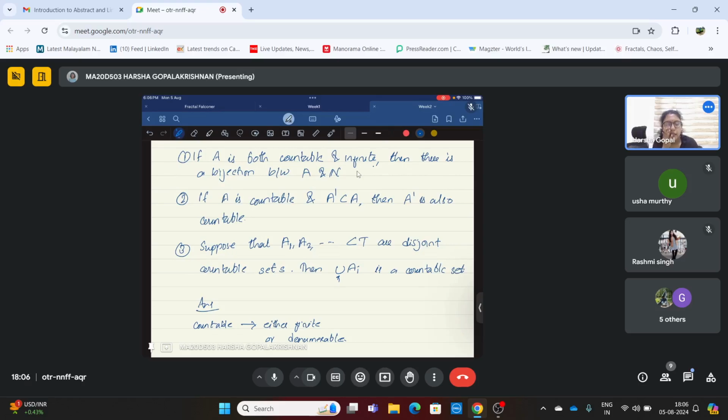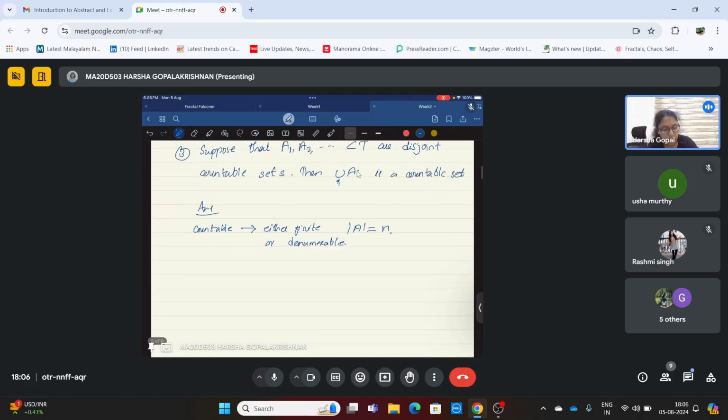What does finite mean? Finite means we can say there are 5 elements or n elements like that. So finite means we can say the cardinality of A equals n for some positive integer n. What does denumerable mean? Denumerable means there exists a bijection from A to N.